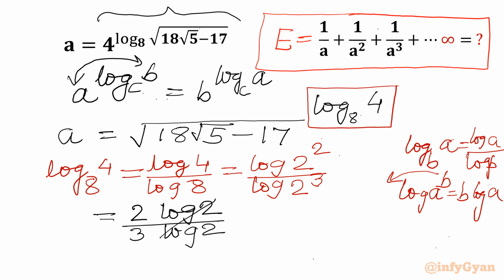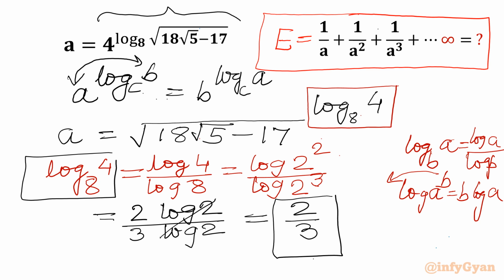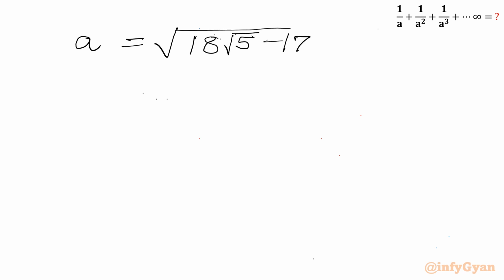So the exponent value will become 2 over 3. Let us apply this value here. So I can write a will become square root of 18 root 5 minus 17 and power is 2 over 3.